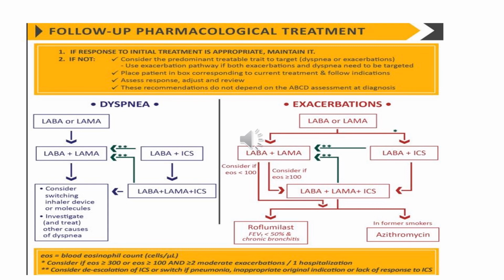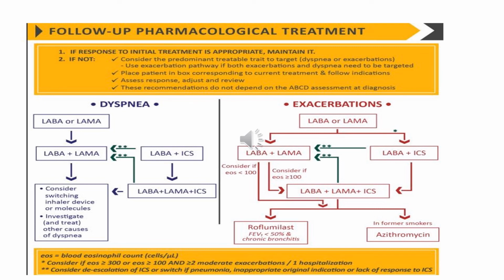Steroids may be useful for patients with higher eosinophils, more than 300, or eosinophils more than 100 and moderate exacerbation or one hospitalization. Or we make a dual agent, LABA plus LAMA.